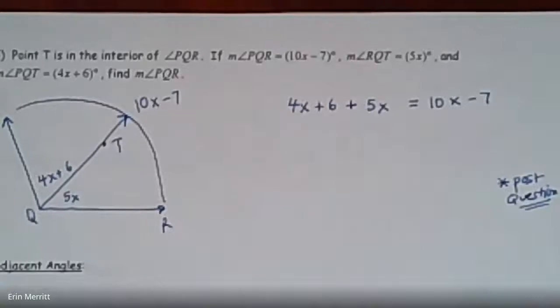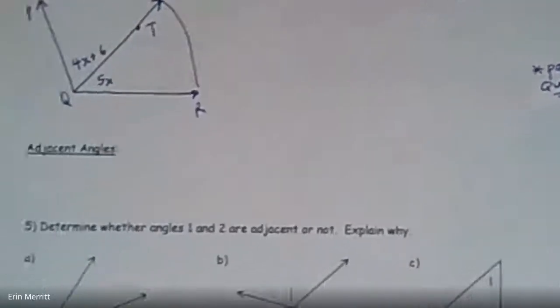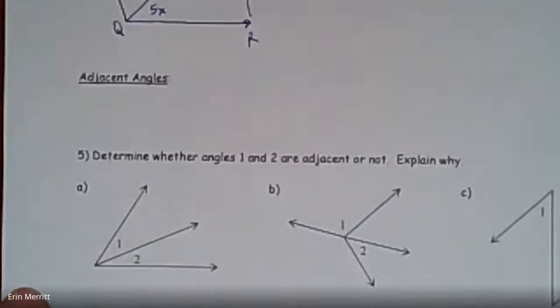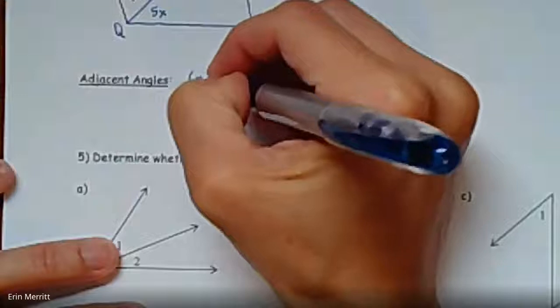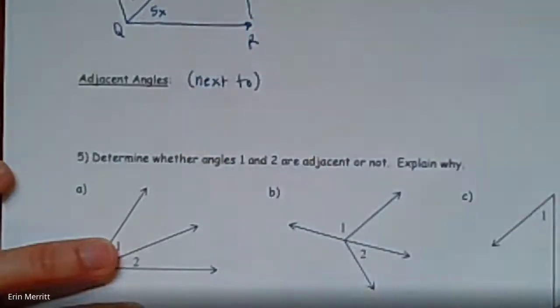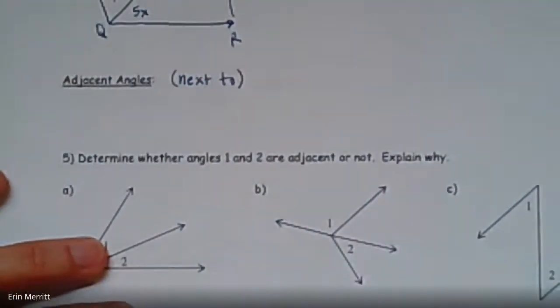Okay. All right, we have another concept to talk about, and that is adjacent angles. So I'm going to slide this on up a little bit. Ooh, there we go. So adjacent, kind of a fancy way of saying next to. Now it's more specific than that, so let's talk about the specifics.